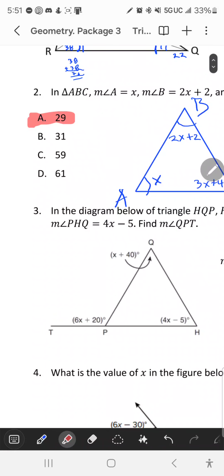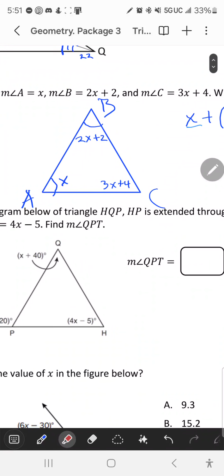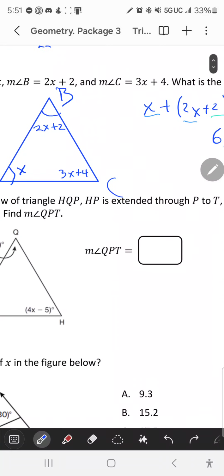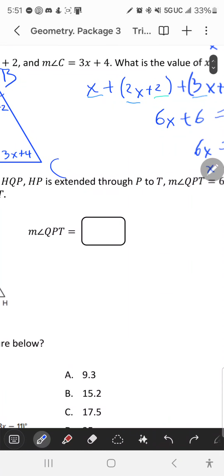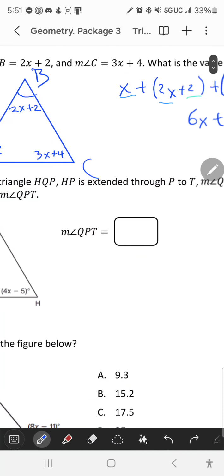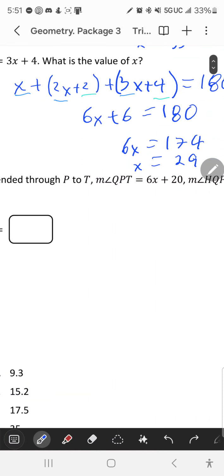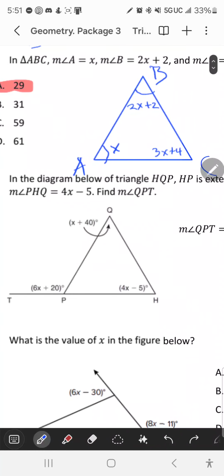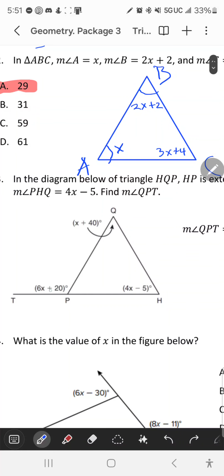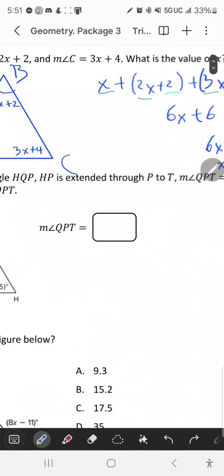Now let's see question 3. In the diagram below of triangle HQP, HP is extended through P to T. The measure of angle QPT is 6x plus 20.